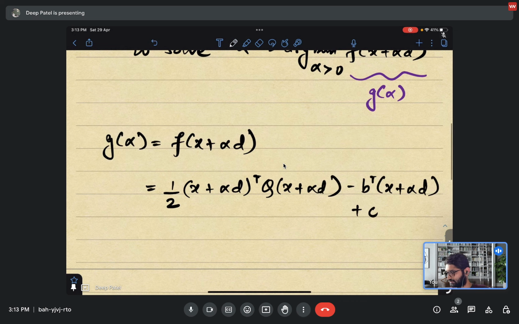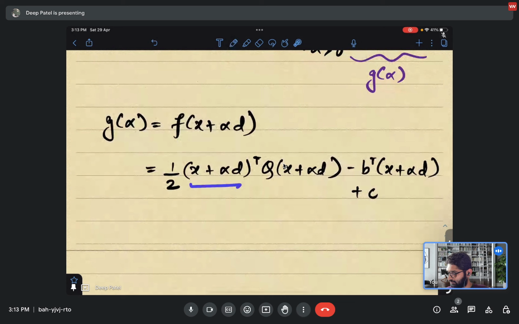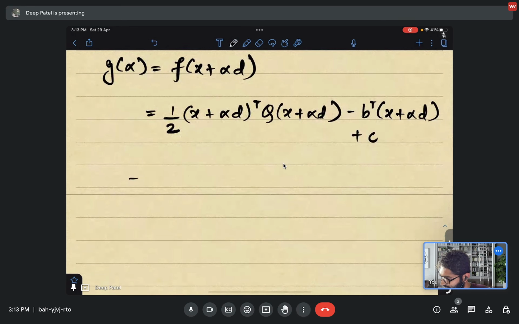Okay, I just plugged in the value of x here. So what will this amount to? So I'm just expanding these terms.